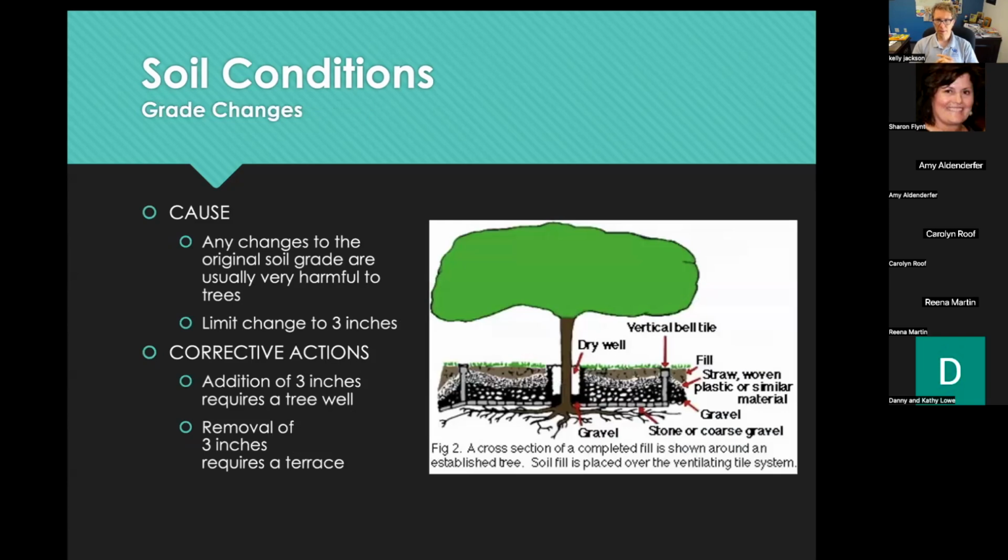I don't get this call as often, but I have seen this many times. And when I teach botany class for master gardeners, I tell about a tulip poplar tree that we saw once that they had backfilled around. They changed the grade of the soil. They backfilled in with over a foot and a half of soil.